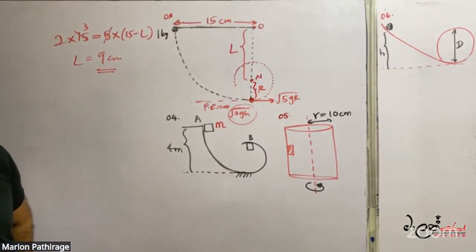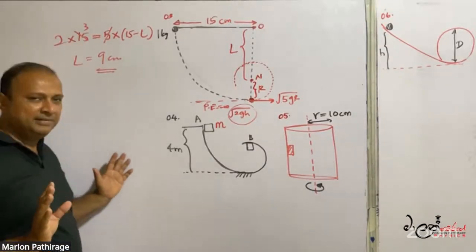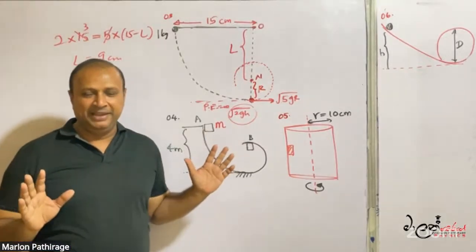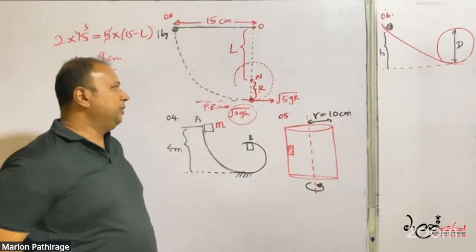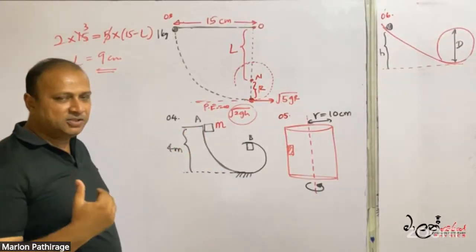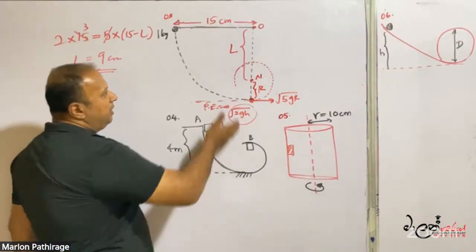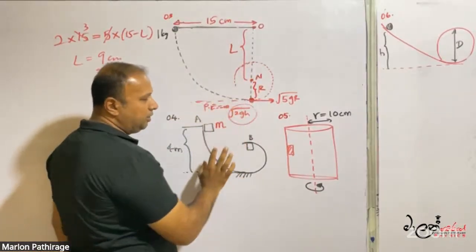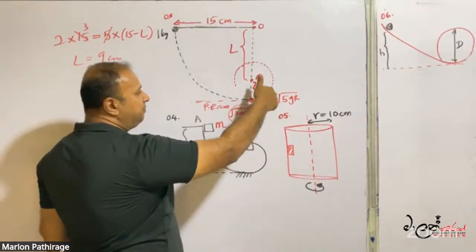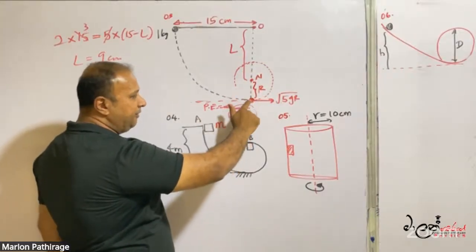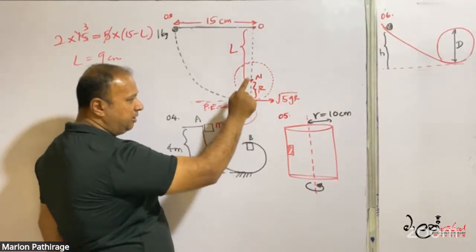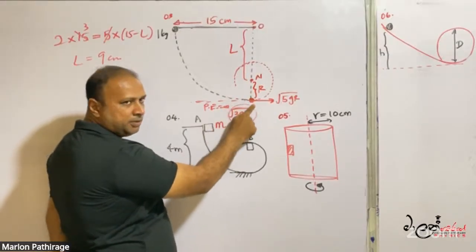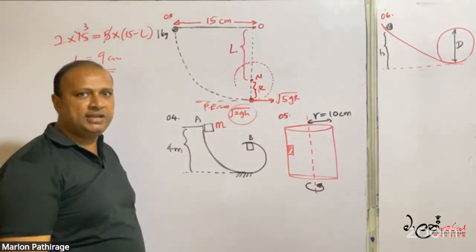If you have any questions please let me know. Okay, I will explain it again. Please listen to me very carefully. Okay, you know now we are asked to determine the minimum value of L to complete a full circle. So to complete a full circle, definitely the velocity at the bottom position should be equal to square root of 5gr.